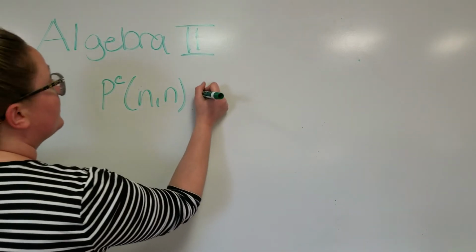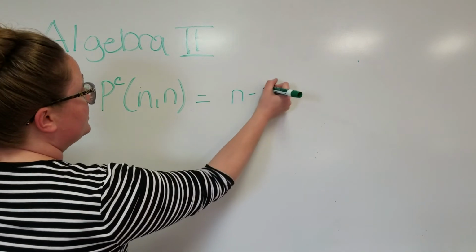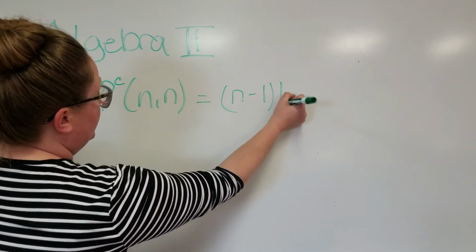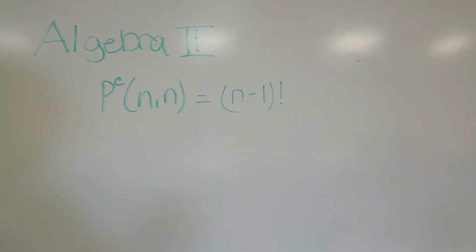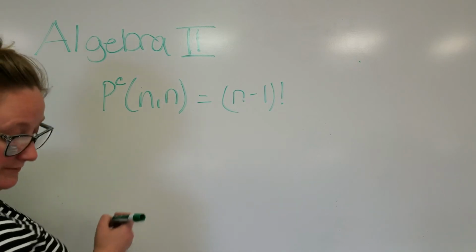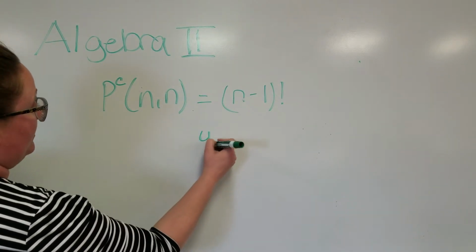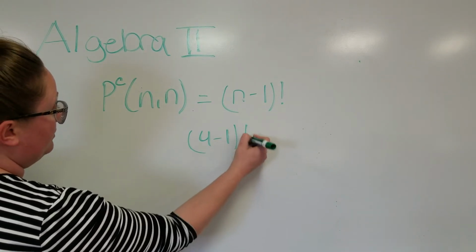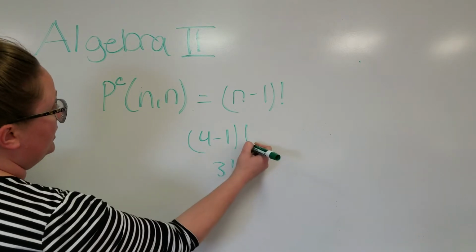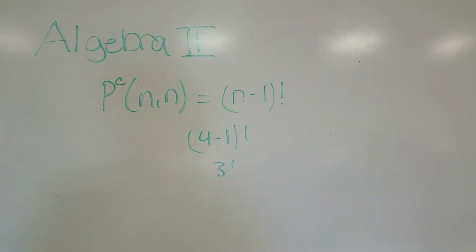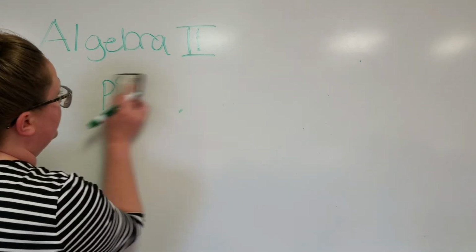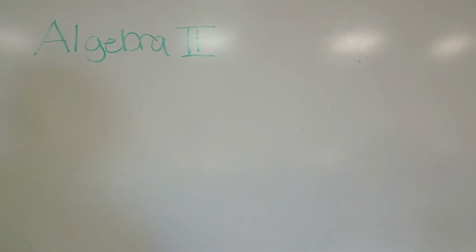The formula for this is n minus 1 factorial. So in this case, it's 4, 4. So you're going to go 4 minus 1 factorial, which will give you 3 factorial, which is 3 times 2 is 6 times 1 is 6. So 6.